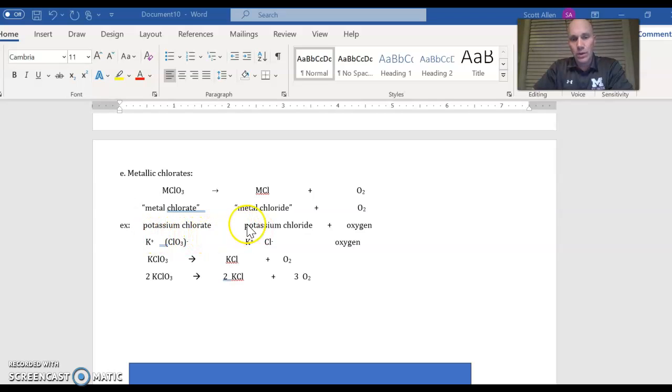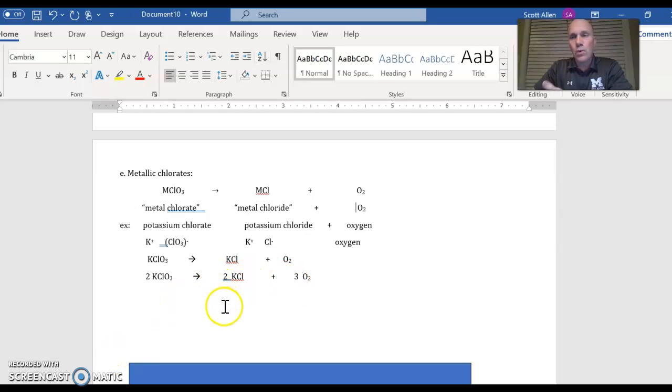Potassium chlorate would yield potassium chloride plus oxygen. Figure out what the formulas are by applying the crisscross rule. For these, we get this right here, KClO3 would yield KCl plus O2. And then you want to check to make sure to see if it's balanced. And when you balance this equation, this is what you would get.